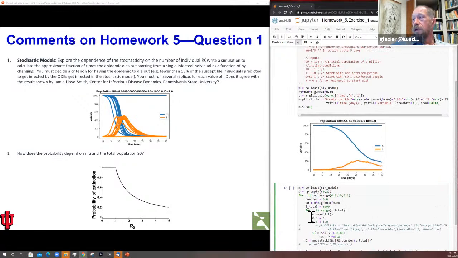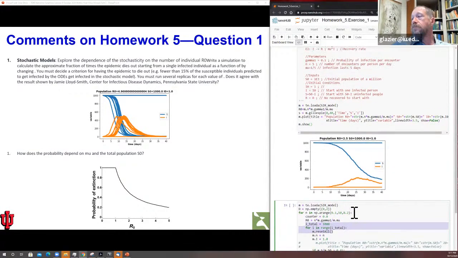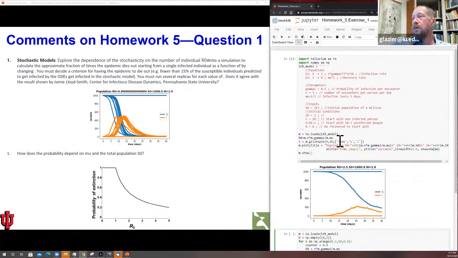And let's actually run it multiple times, so that we can see how it looks when we repeat it. So let's run it a couple of times.